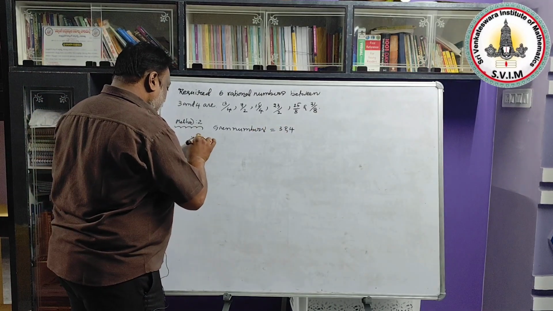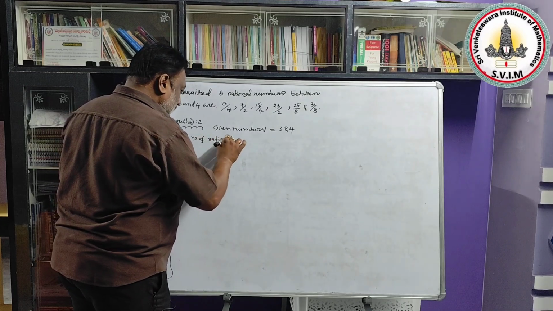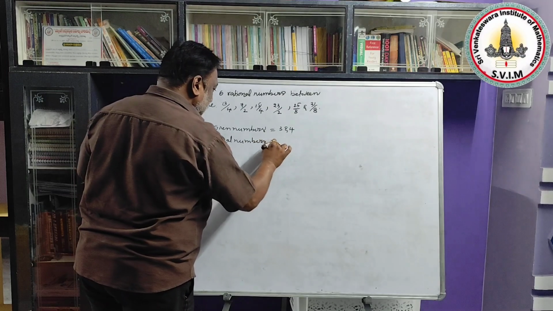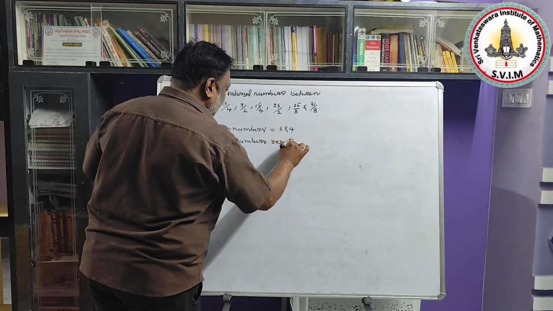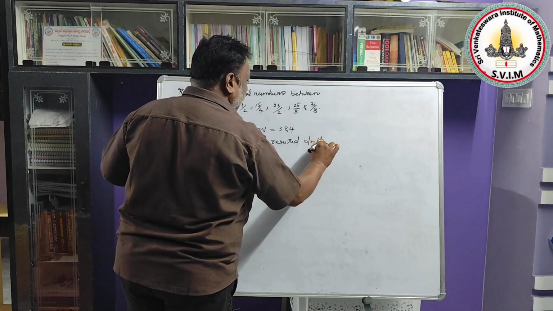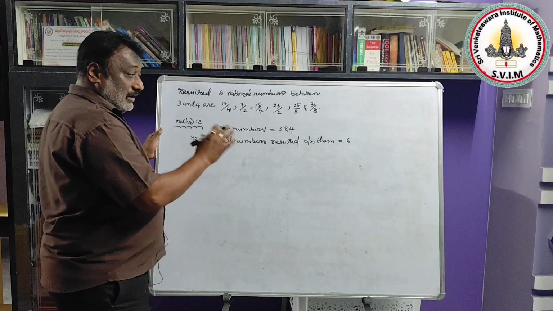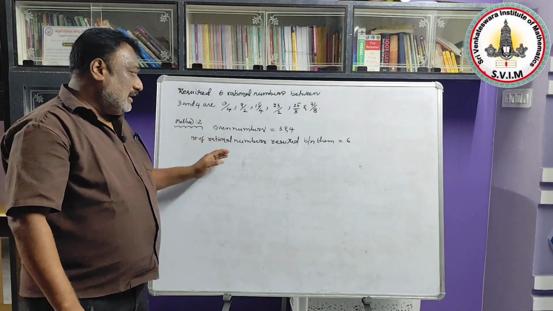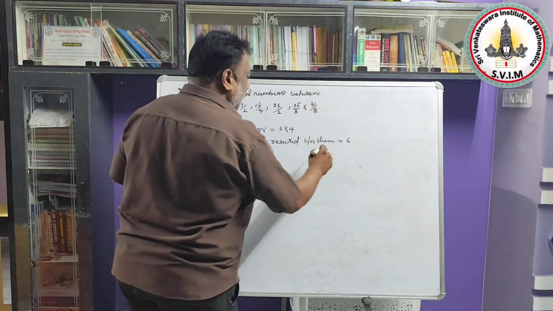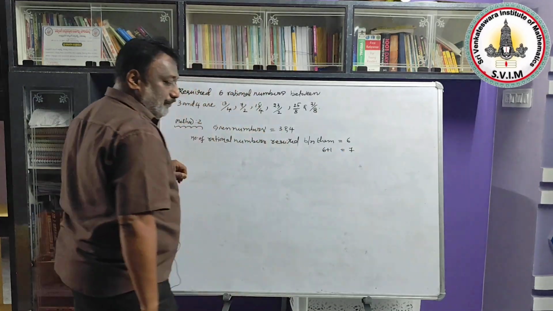So, the number of rational numbers required between them is 6. To this number of required rational numbers between 3 and 4, we need to add 1. So, 6 plus 1 is equal to 7.